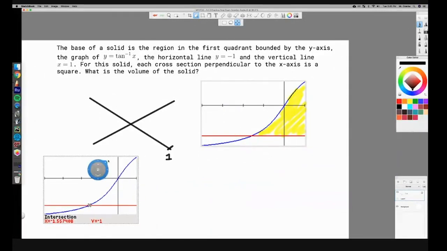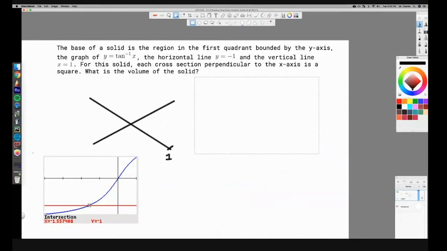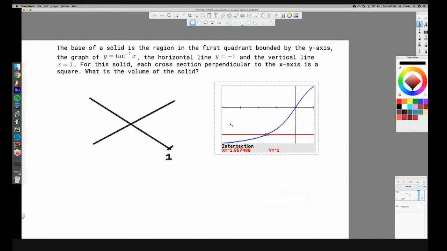I'm actually going to use this graph over this one just because it's got the intersection already in there. Okay. So we're looking for, this is the base of the solid. And what are we putting on here? Which shape? Square. So we're going to be putting squares off of this.